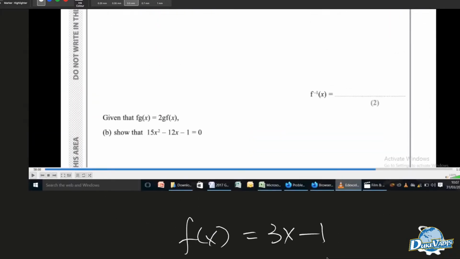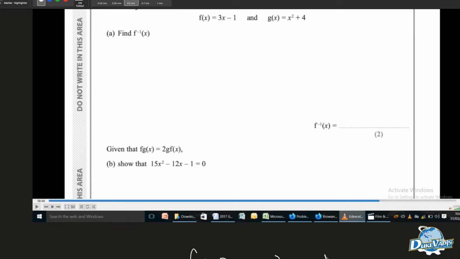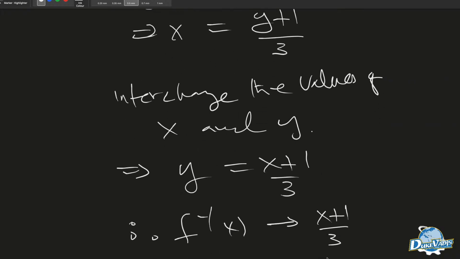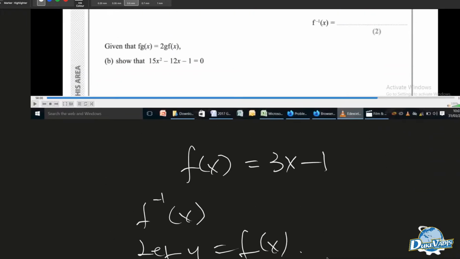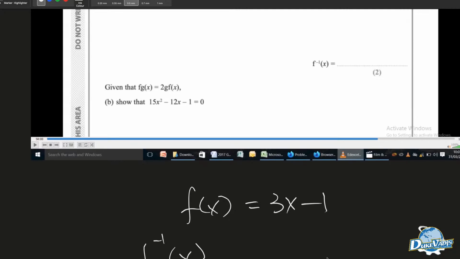Now the question says that given that fg of x is equal to 2gf of x. So let's see the last part, B. Show that 15x squared minus 12x minus 1 is equal to 0. Given that fg of x is 2gf of x, show that 15x squared minus 12x minus 1 is equal to 0.